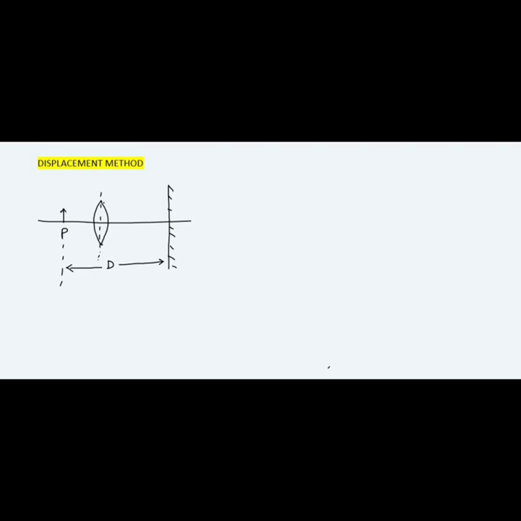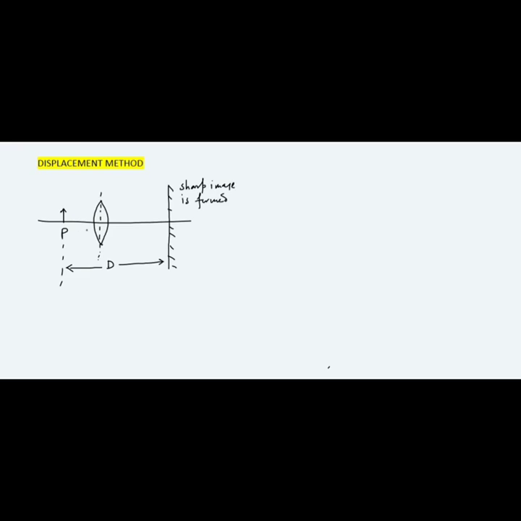So basically we need to find the location of the lens for which a very sharp image of this object is formed on the screen.